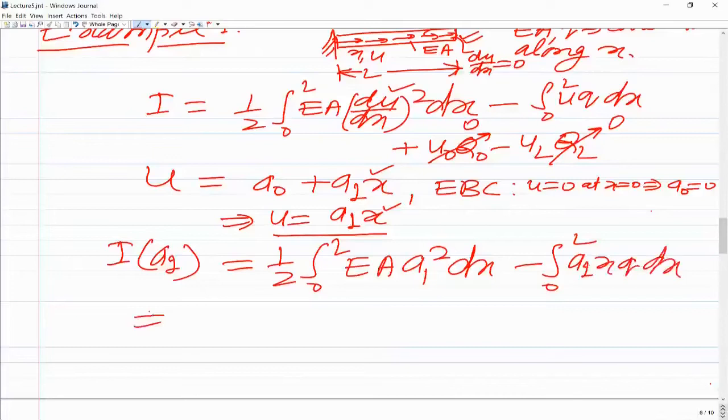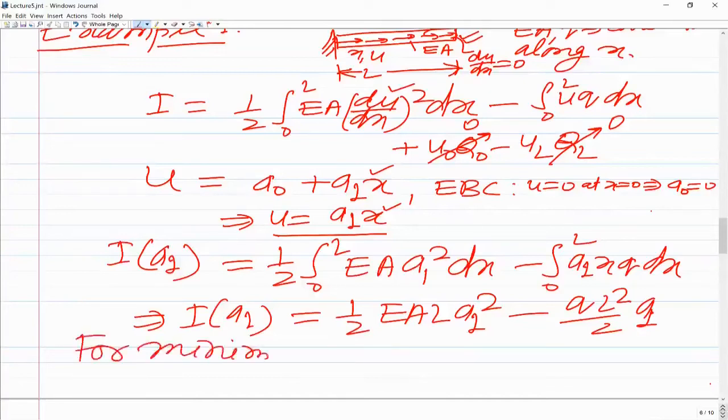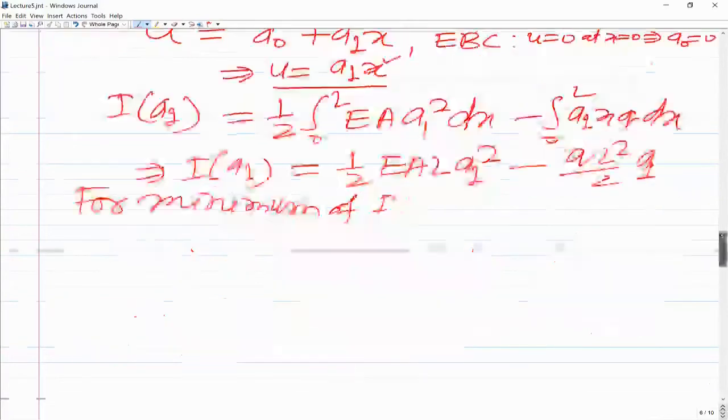So you find that I of a1 is equal to, for the first term, taking EA as constant along x, half EA l a1 square after integration, and the second term gives ql square by 2 into a1. So this is your I of a1. Now for minimum of I, dI by da1 must be equal to 0.